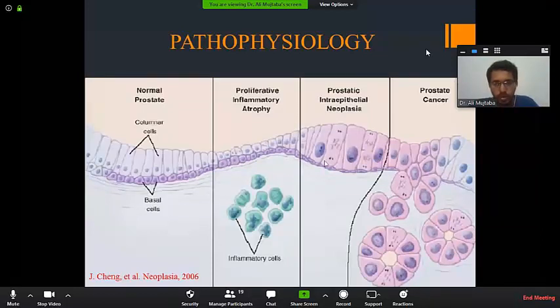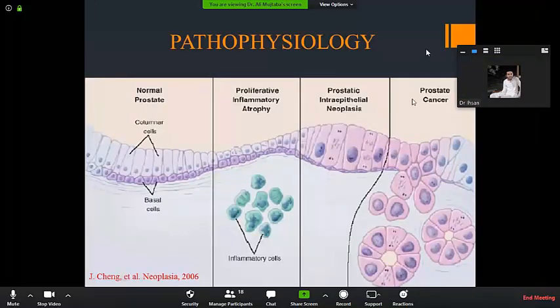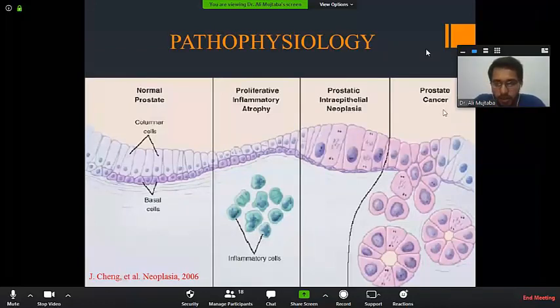Prostatic intraepithelial neoplasia: here all the cells lost their uniformity and cells are of different size. Mitotic figures are seen. In prostate cancer, there is uncontrolled proliferation of immature cells.